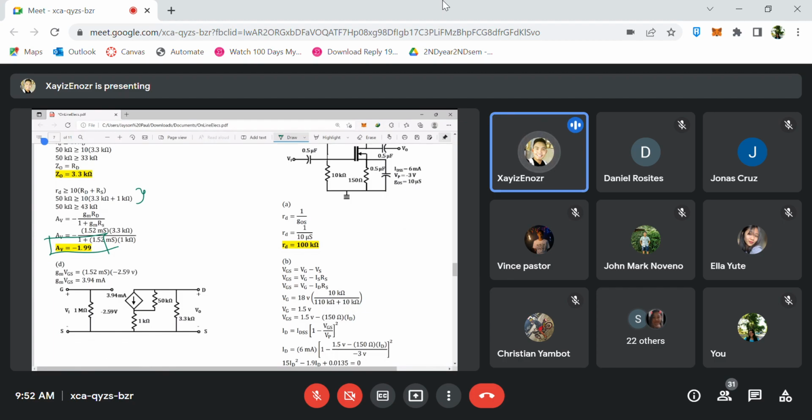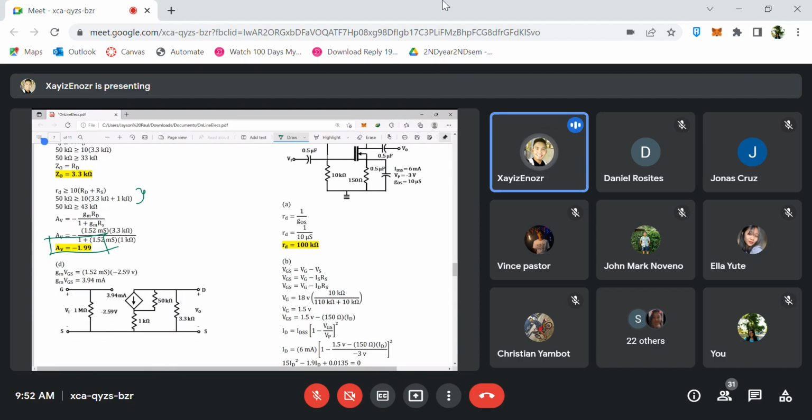So, baka sabihin nyo, di ba, sa integers, mas malaki yung negative 1.99 compared kay negative 5.02. Sa integers yun. But when we're talking about sa values sa electronics, we're talking about voltage gain, okay, pag yung negative sign kasi, it just simply signifies yung phase ng ating output. Ano ba ibig sabihin nun?